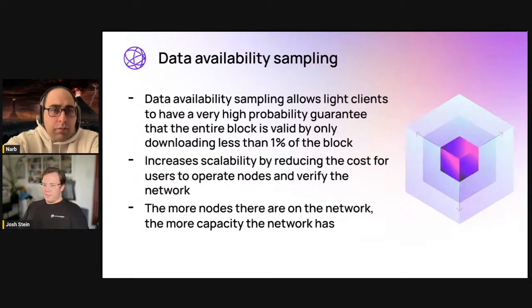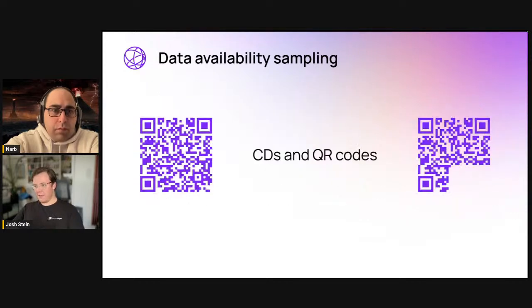So basically what data availability sampling does is it increases scalability by reducing the cost for everyone to run their own nodes. And the more nodes that are on the network, the larger the capacity is for the network. I think a better example than CDs and DVDs is probably a QR code. If you take your phone or a tablet and pull up your camera, you're going to see that both of these QR codes will take you to the same place.